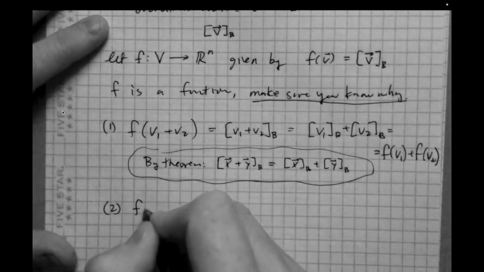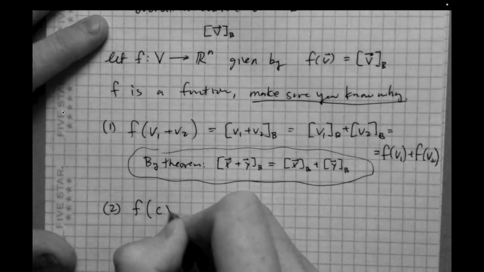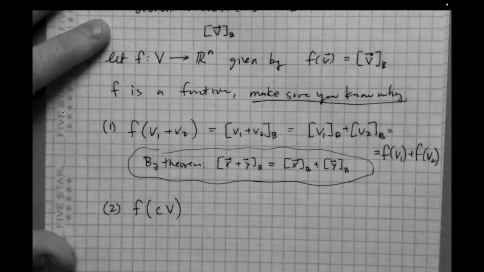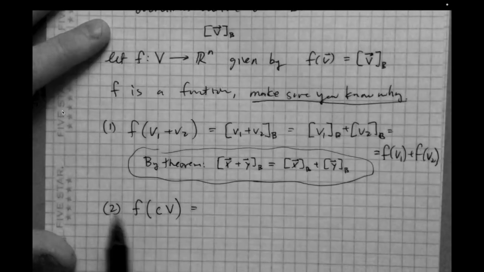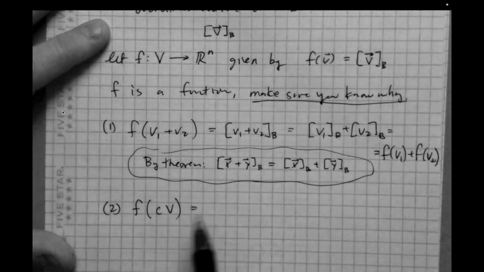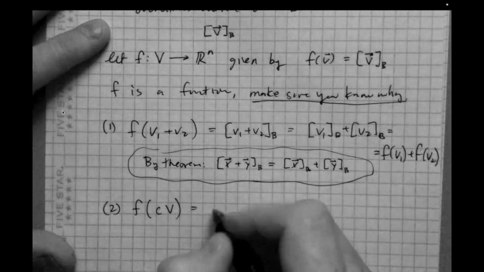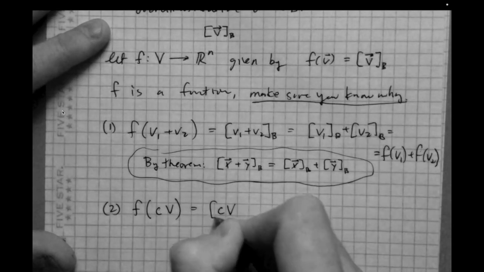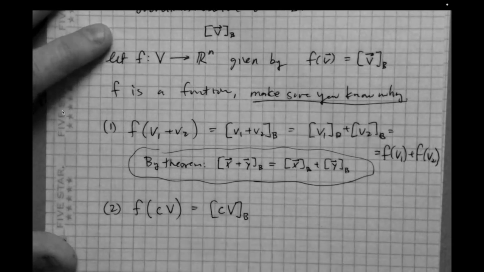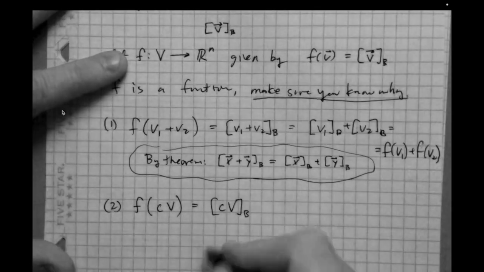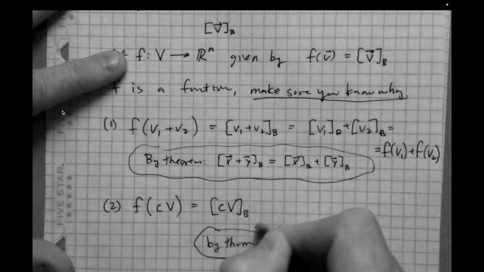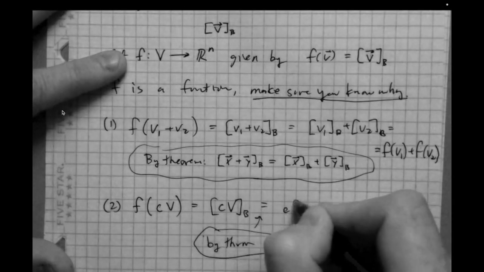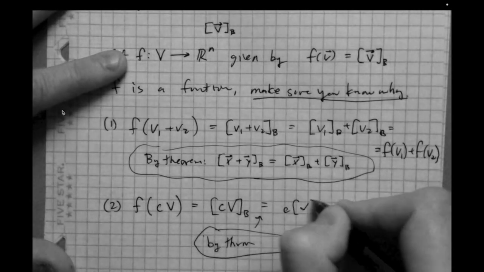And the second property, again, we discussed in the previous section as well. So if I have f of c times a vector, then when I apply f to the scalar product here, I get c times v coordinatized under B. And again, by theorem, that was equal to c times the coordinatization.